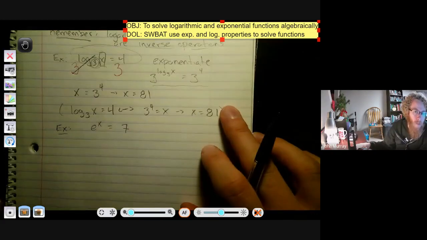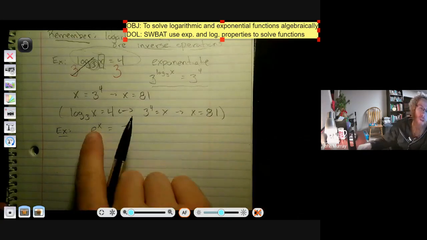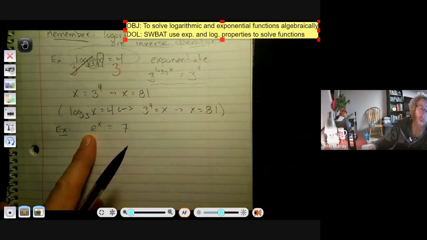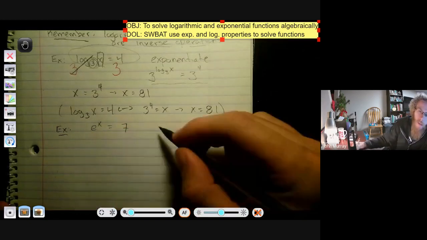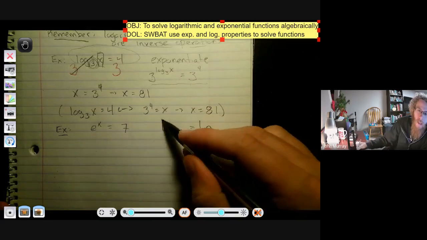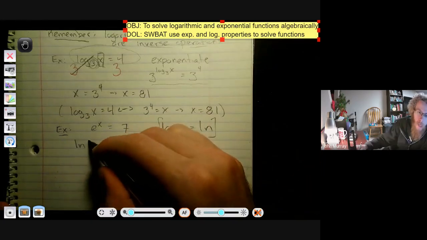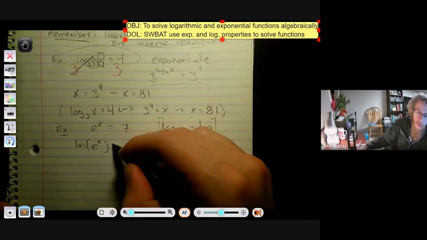It's a weird number. I want to stay away from decimals, infinite decimals. So the opposite of base e, remember log base e is our natural log. So I would take the natural log of both sides.